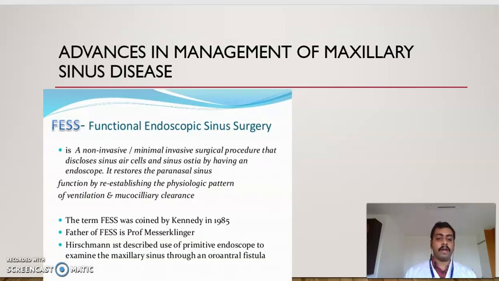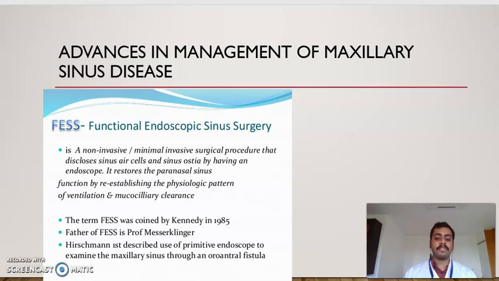Now we look into the advances in the management of maxillary sinus disease. FESS is otherwise called functional endoscopic sinus surgery. Functional endoscopic sinus surgery is a non-invasive or minimally invasive surgical procedure that discloses the sinus air cells and sinus ostia by means of an endoscope.